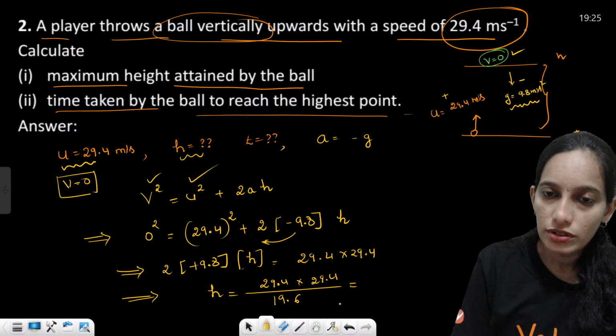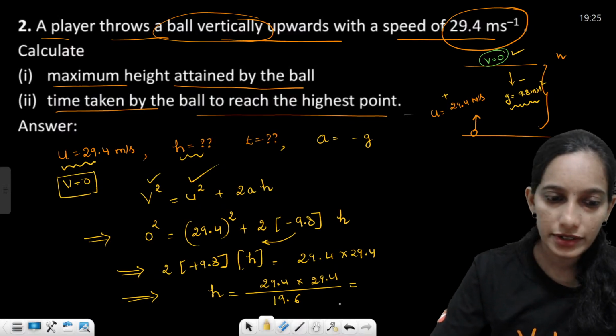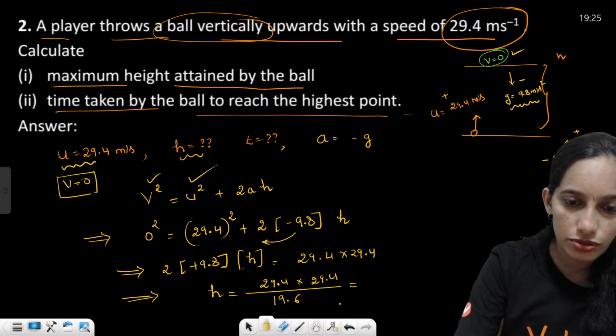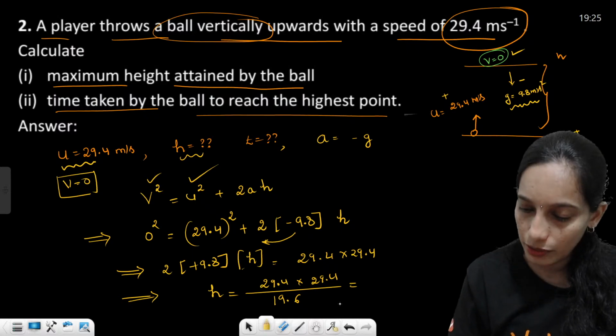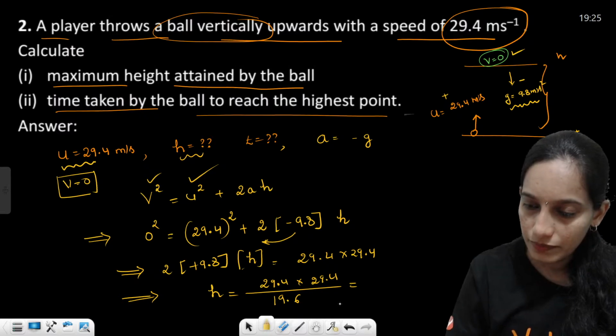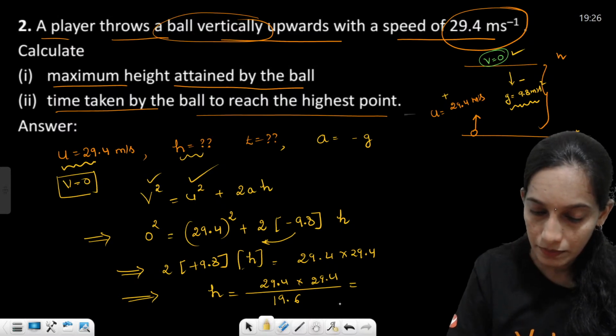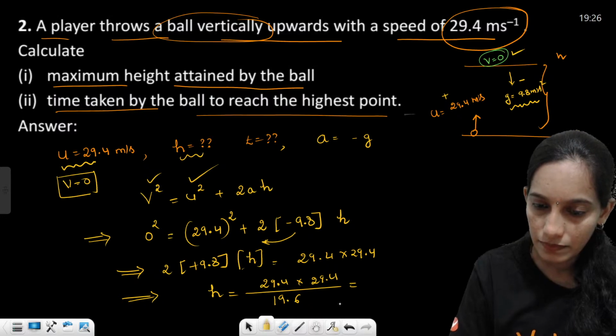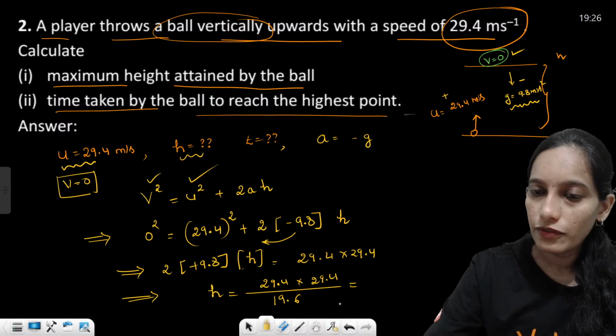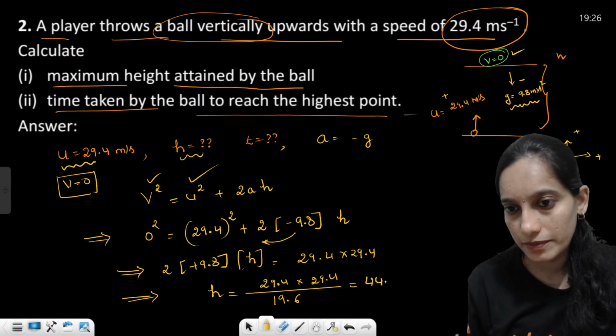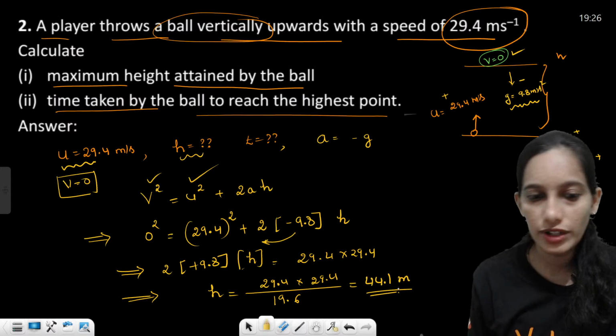Let me also check with the calculator, and if you're watching, you can also try it and tell me the answer, how much you're going to get. 44.1 we are going to get, with the unit you had to write.